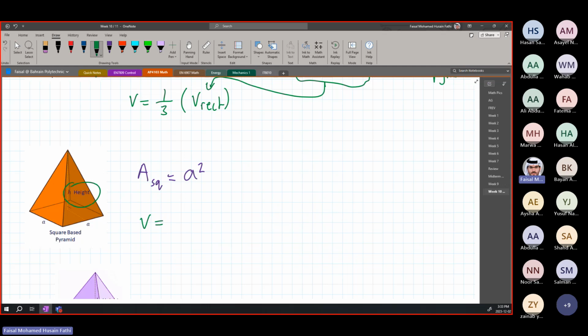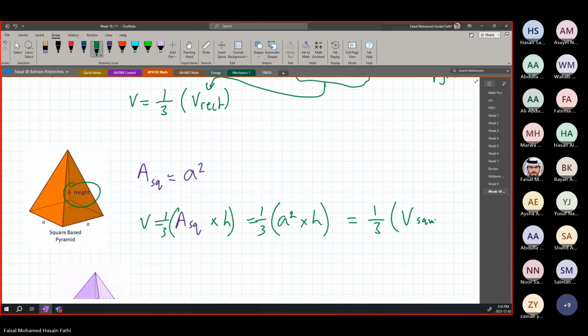It's just going to be the area of the square times the height, which is a squared times h, but the difference is we have to multiply all of it by 1/3. Multiply all of it by 1/3. If you notice, this is basically saying it's equal to 1/3 times the volume of a square prism.